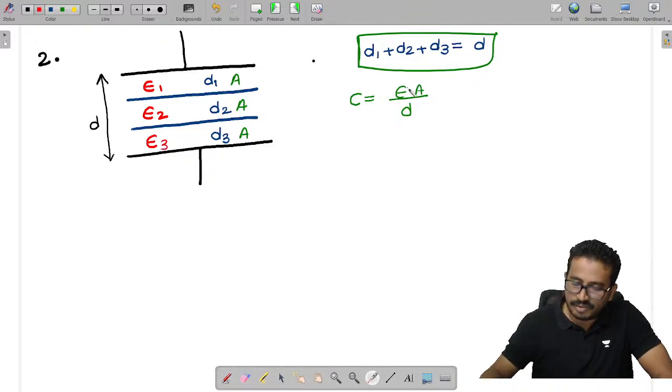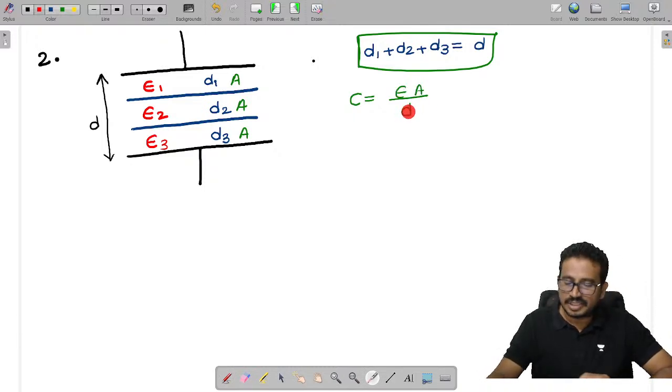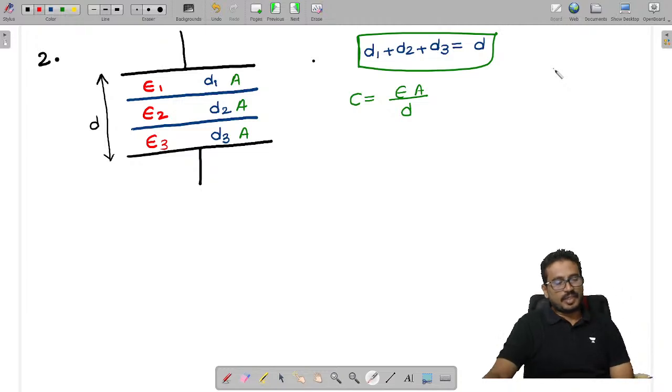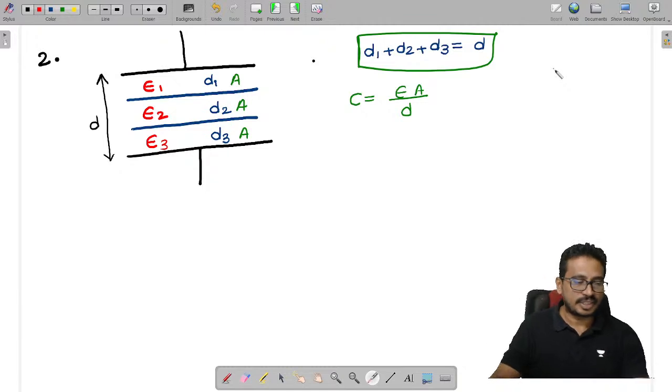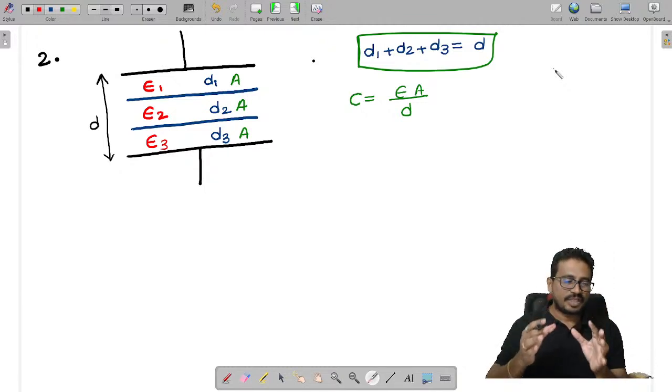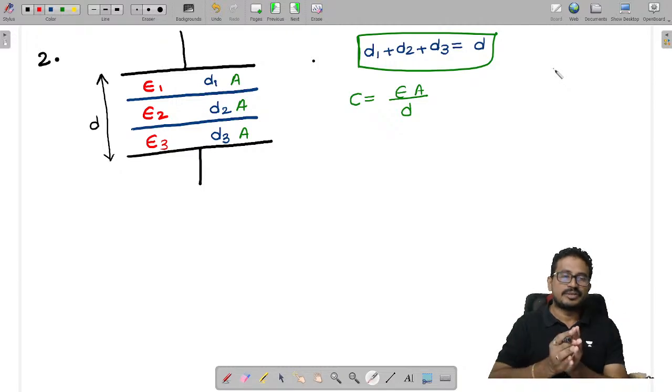So epsilon is variable, the first thing. What changes here, area or d? Here d changes, area is constant. I told you that whichever parameters are variable, combine them on one side, and the constant parameters on one side.